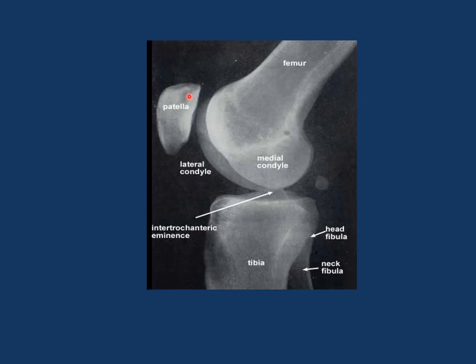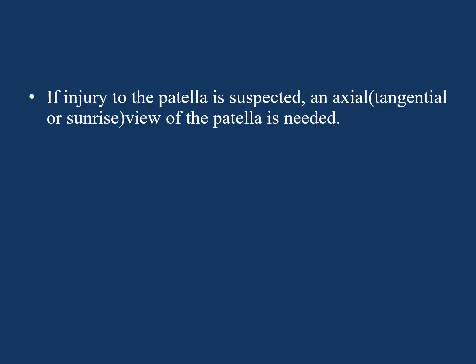Lateral view, we can see the patella clearly, okay? And we can see the patellofemoral joint space. If injury to the patella is suspected, an axial or the tangential or sunrise view of the patella can be requested.